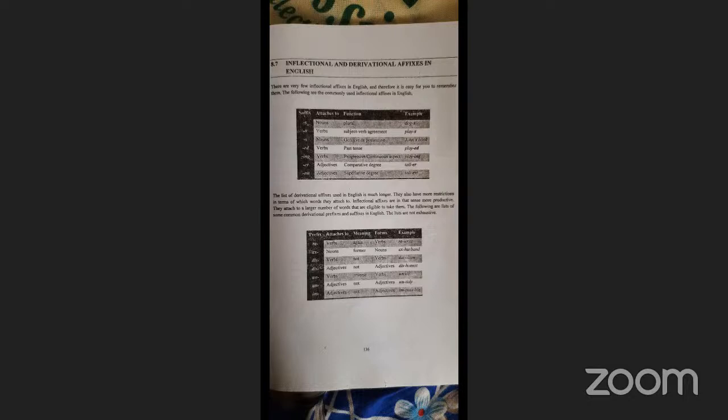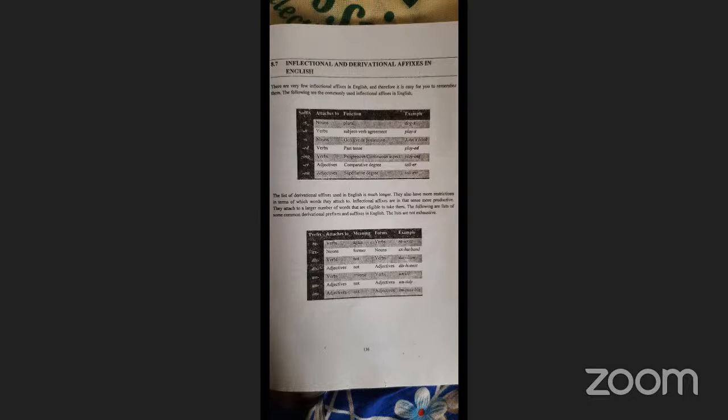The example of emoticon is emotion plus icon, blended, combined, mixed, became emoticon. You have sitcoms also, where situation plus comedy became sitcom. So this is one more method of word formation, called blending.